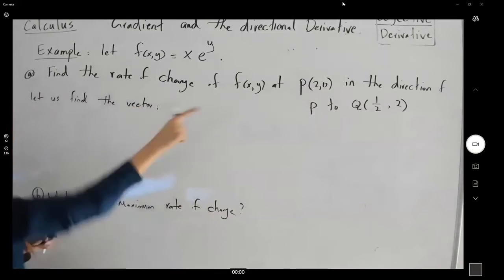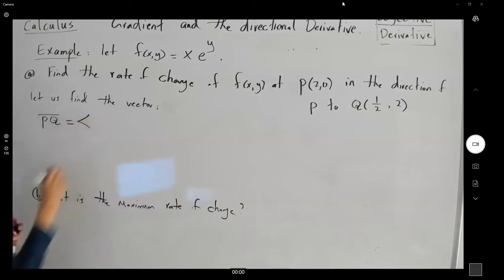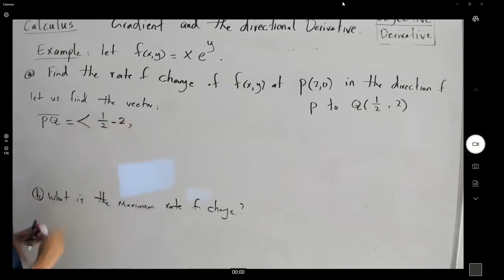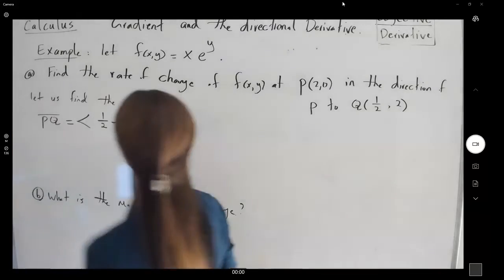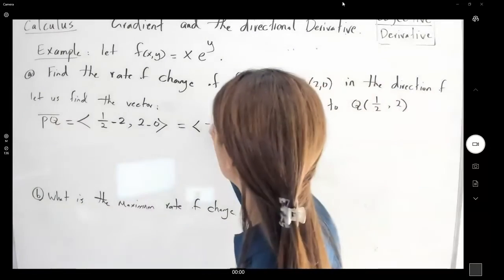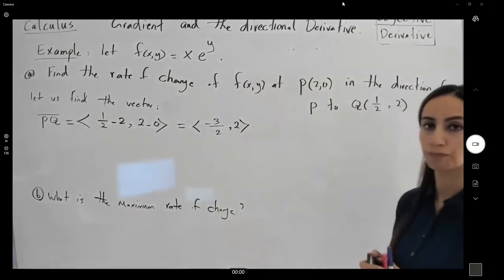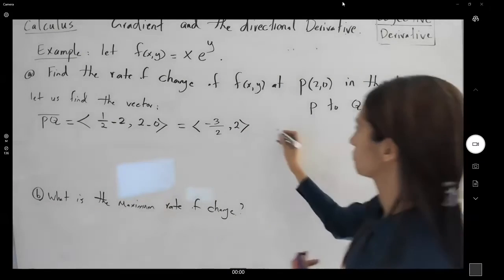From P to Q, we're going to have the vector (1/2 minus 2, 2 minus 3). So the first component of the vector is negative 3/2, and the second component is 2. This is my vector.